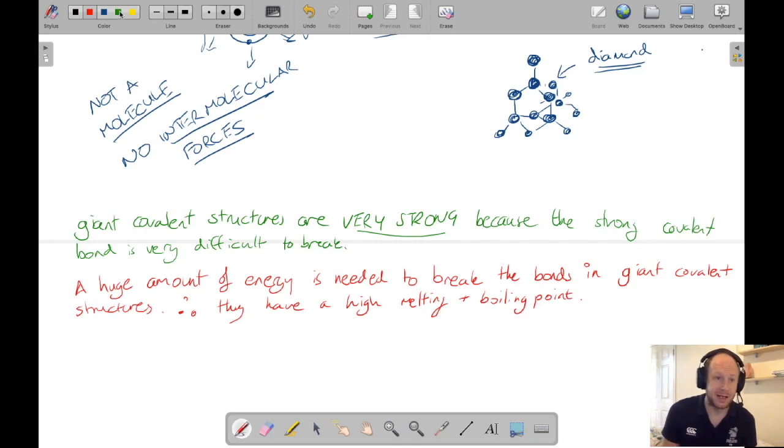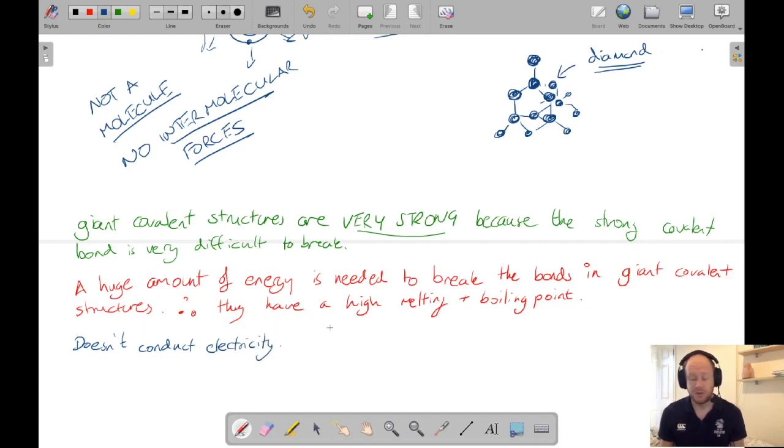Right, the final thing we're going to talk about is conducting electricity. Structures like diamond do not conduct electricity. Can you think why? We've come across this before. That's right.